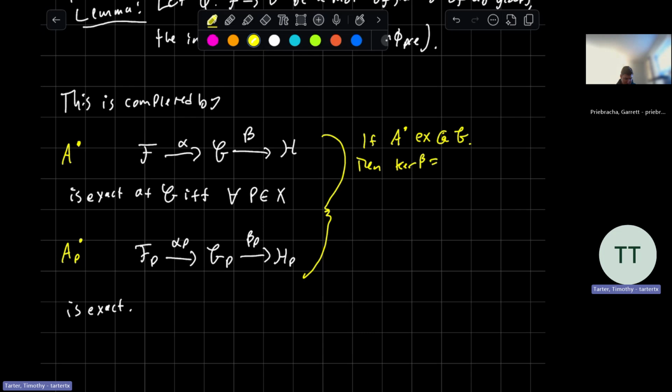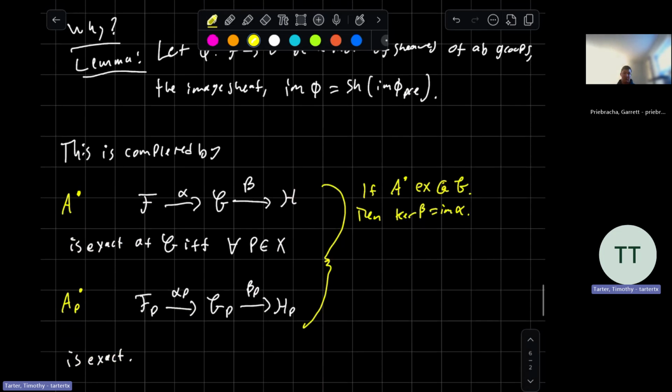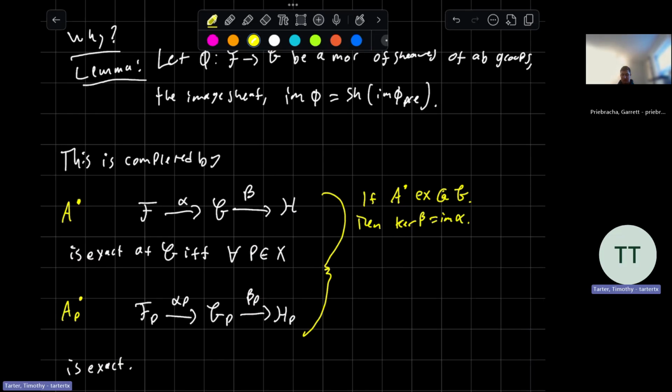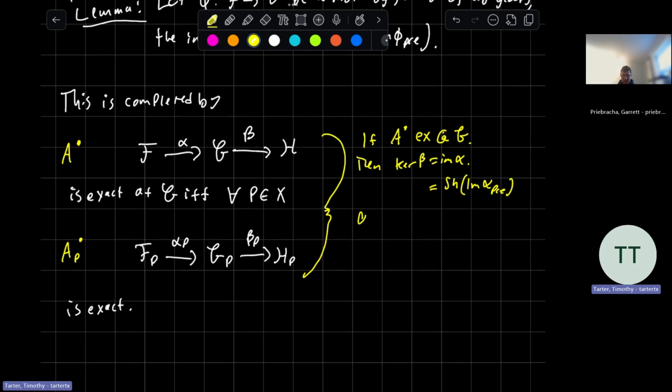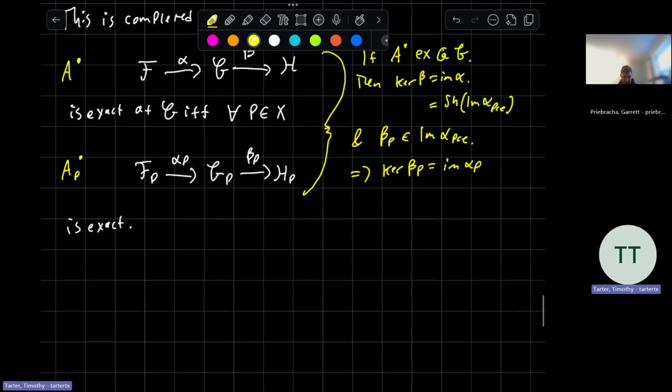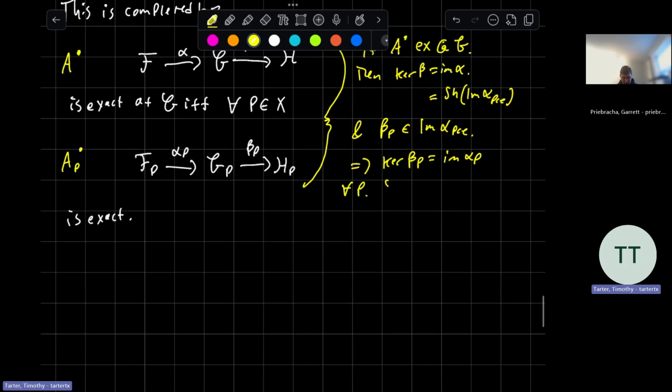then the kernel of beta equals M alpha, but this is equal to the sheafification of M alpha pre, and then b_P being in M alpha pre means that the kernel of beta_P is equal to M alpha_P for all P. So A_P bullet is exact.